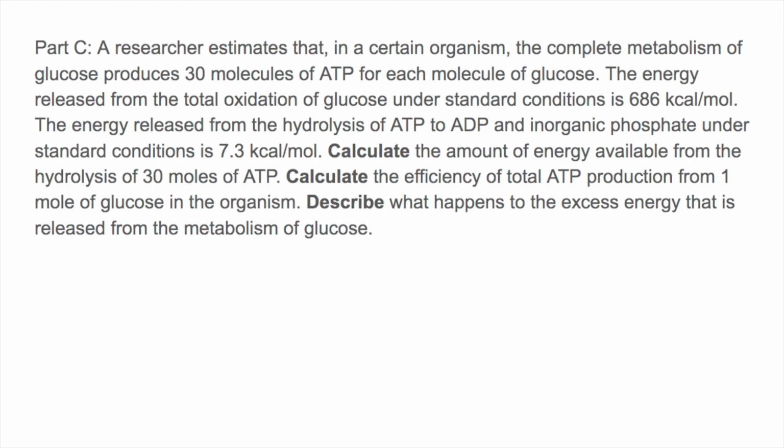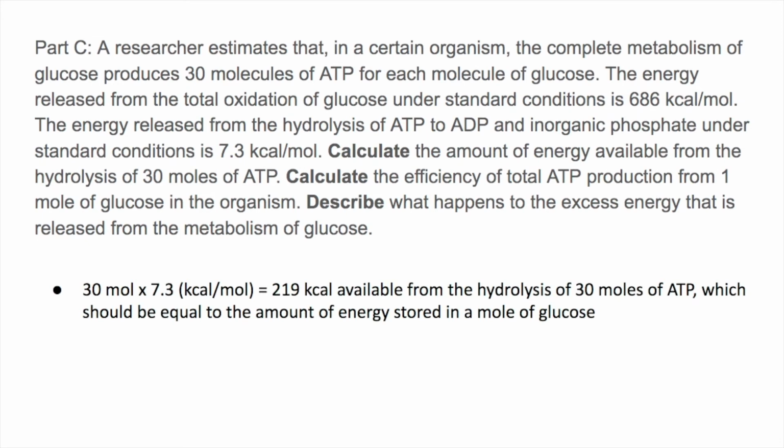So for the first question, we're just going to multiply 30 moles times 7.3 kilocalories per mole to get 219 kilocalories available from the hydrolysis of 30 molecules of ATP to 30 molecules of ADP. And since the complete metabolism of glucose produces 30 molecules of ATP, if this process is 100% efficient, it should be equal to the amount of energy stored in a mole of glucose.